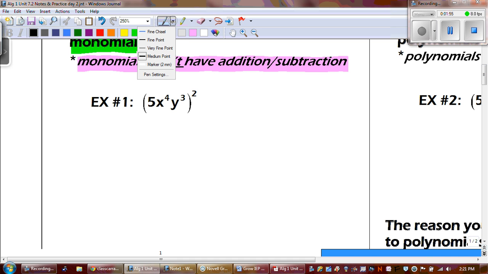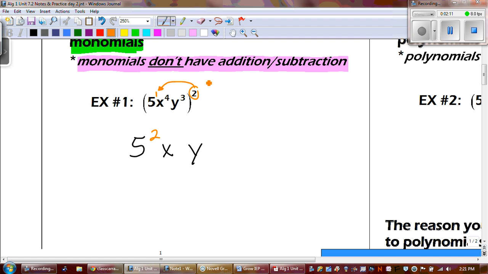When we distribute, we make sure that everything has an exponent. Our bases stay the same, and our exponent changes. 2 times 1 is 2. 2 times 4 is 8, and 2 times 3 is 6.